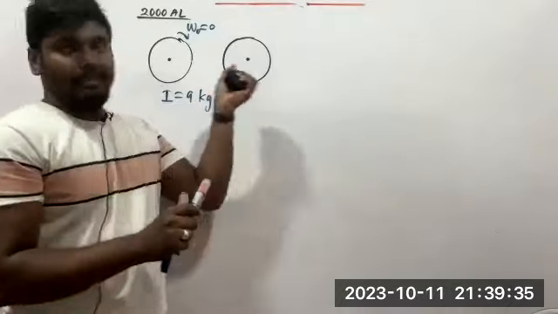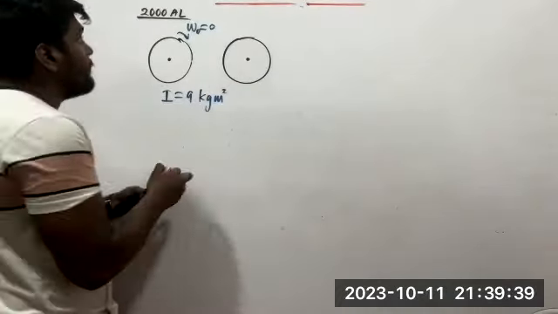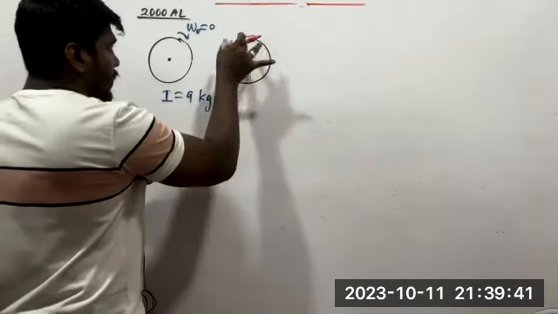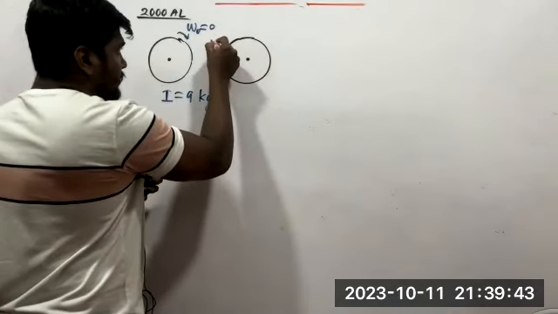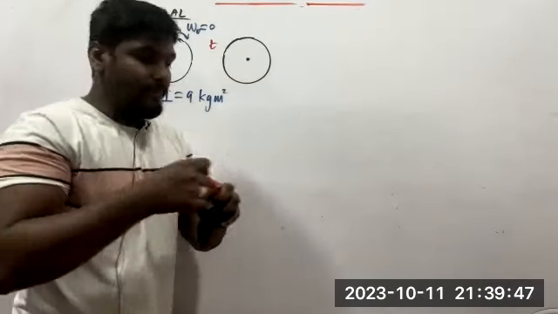Then after some time t, the angular velocity of the flywheel is 600 revolutions per minute.